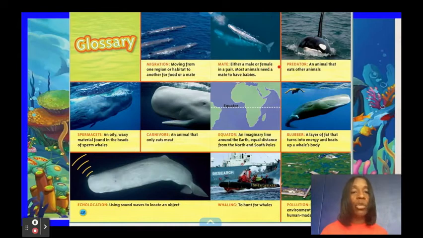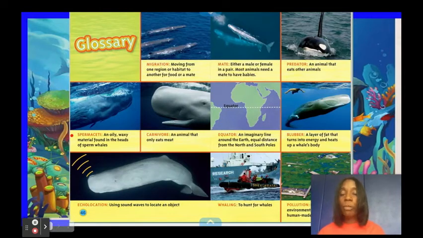Next word that you may not be clear on, predator, an animal that eats other animals. Next word, spermaceti, an oily, waxy material found in the heads of sperm whales.